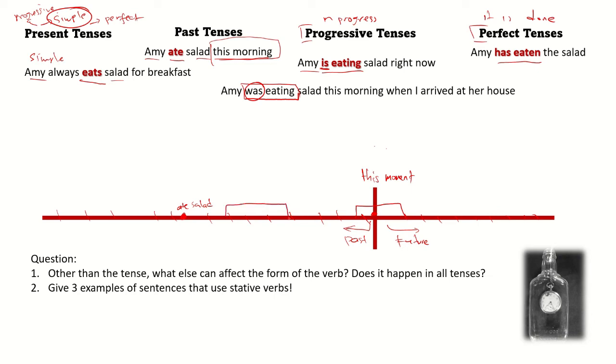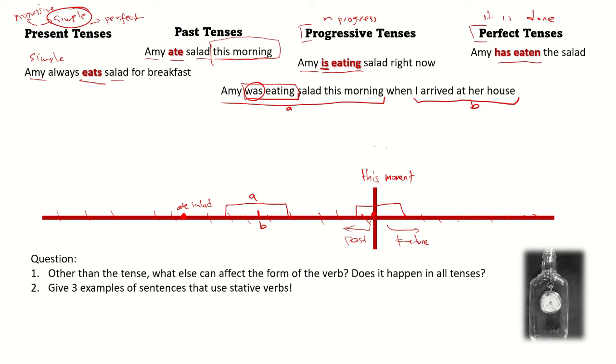This one is action A, and this one is action B. Okay, so the first event wasn't finished and the other event occurred, right?